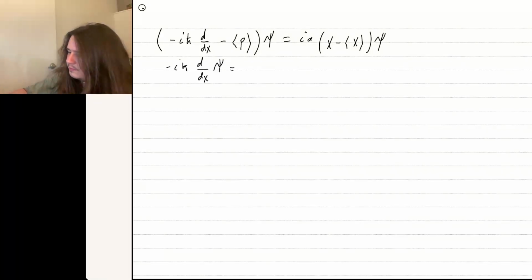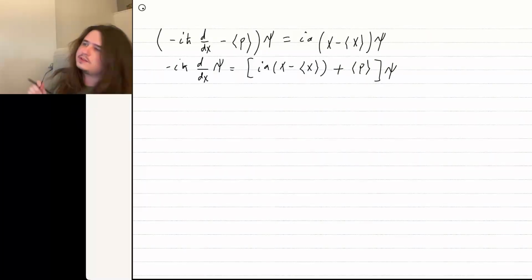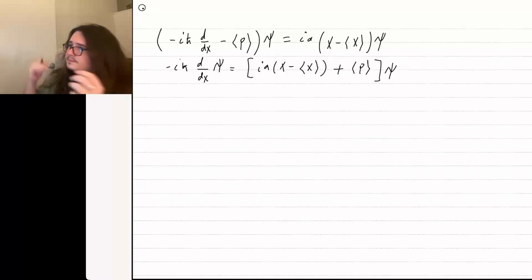What I'm doing right now is moving the stuff which depends on just psi to the right hand side of the equation, and keeping the stuff which depends on the derivative of psi on the left. Then I'm going to do a little bit more algebra, moving the minus i h bar to the other side.